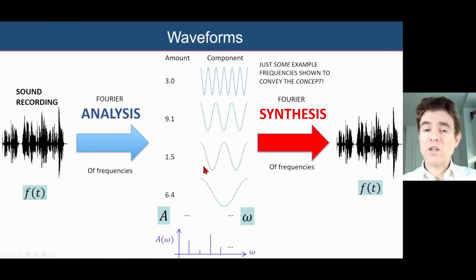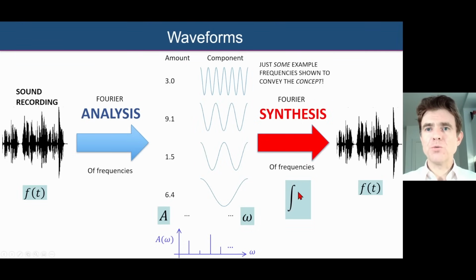And then once we've got that kind of analysis, if you like, the ingredients, the constituents of what's inside that function or signal, then we can do what's called a Fourier synthesis, which will do the reverse process, which would be to take those amounts for each of the various components, sum them all together, to recombine them, to reconstruct or synthesize that original signal. Now, the synthesis process really involves a summation.